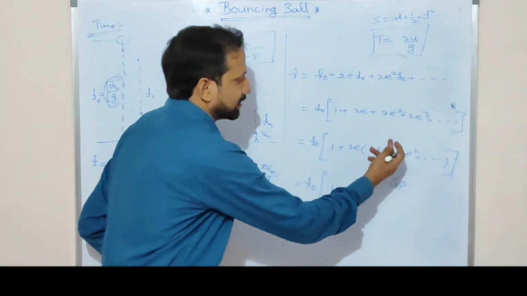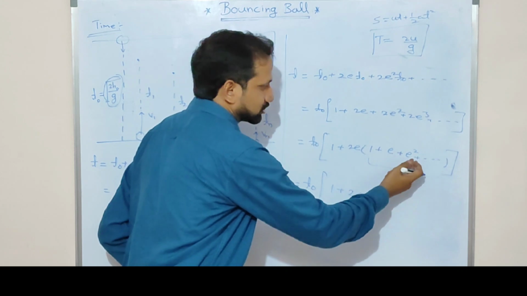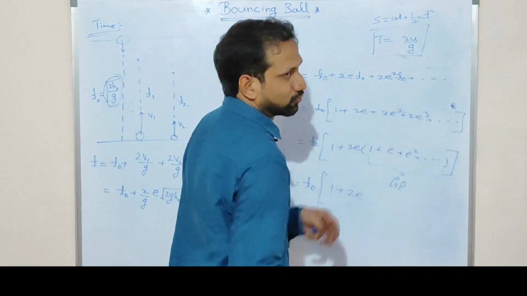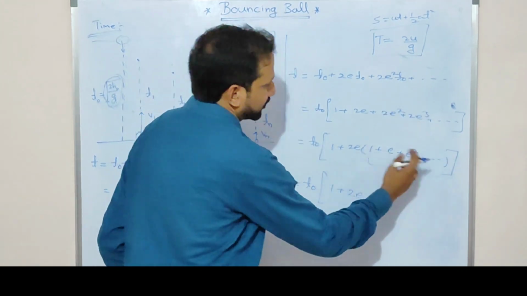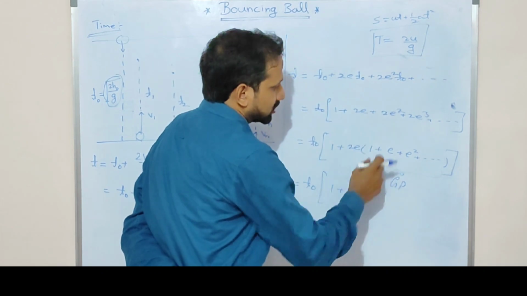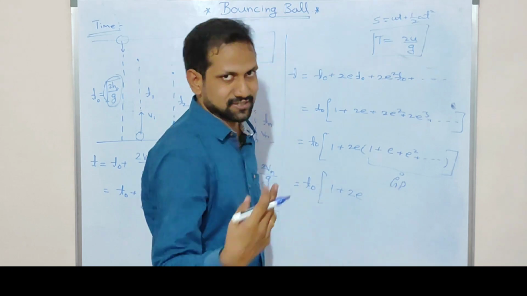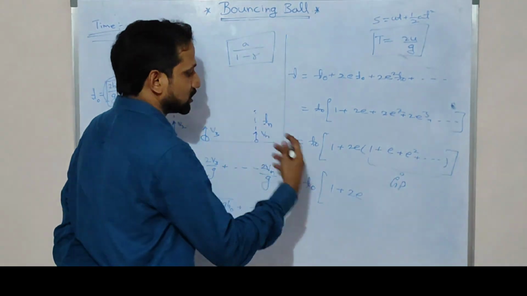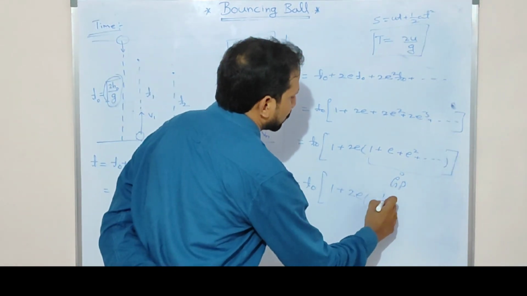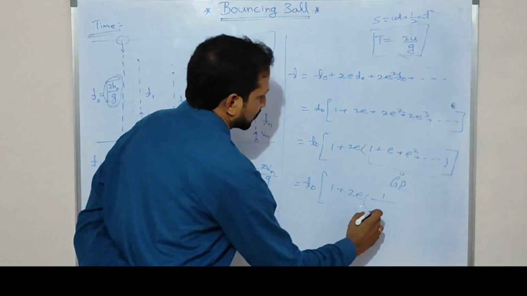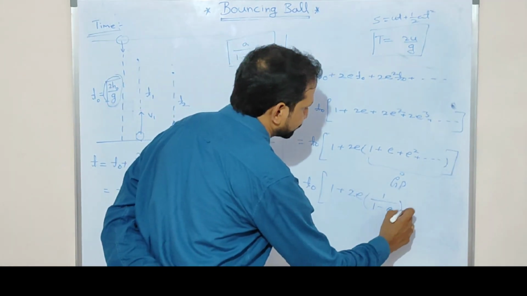If you take the ratio, e by 1 is e, e square by e is e, e cube by e square is again e. The common ratio is e, so 1 divided by 1 minus e.